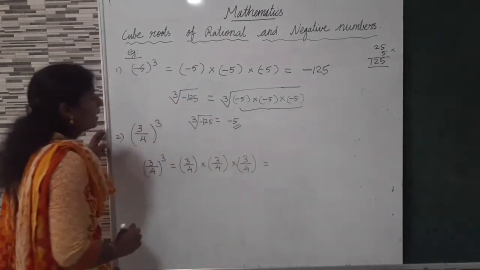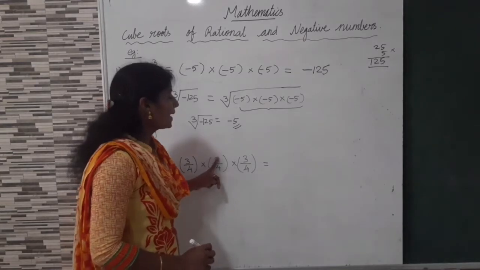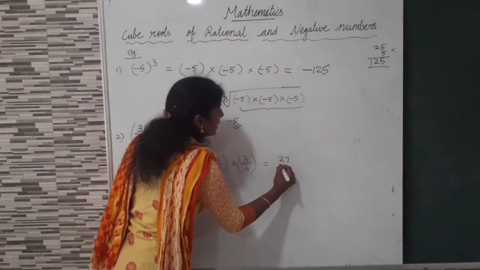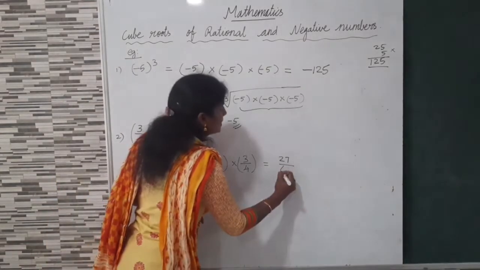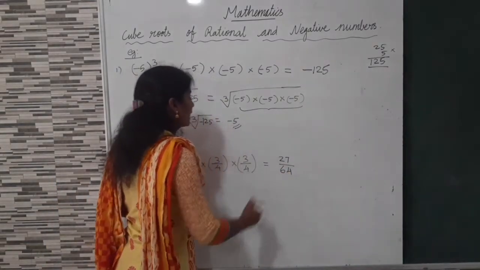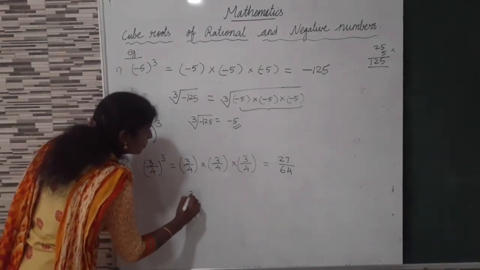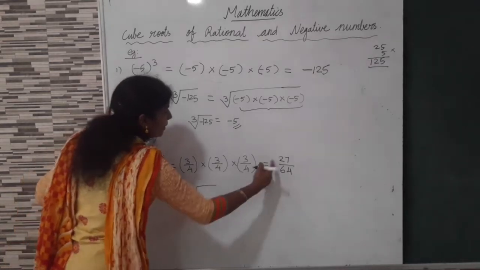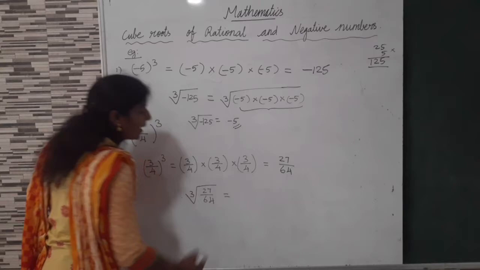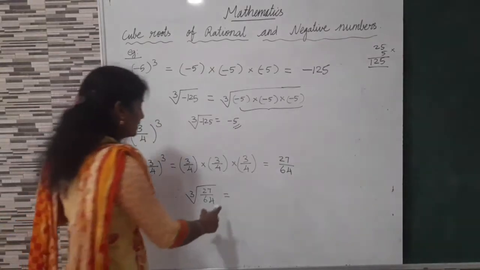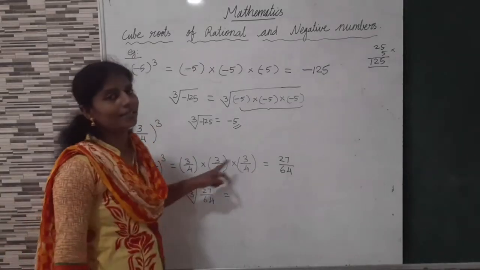Now we can multiply the numerators. 3 3s are 9, 9 3s are 27, divided by 4 4s are 16, 16 into 4, 64. Now how can you write it? Therefore, cube root of 27 divided by 64 is 3 by 4 three times.